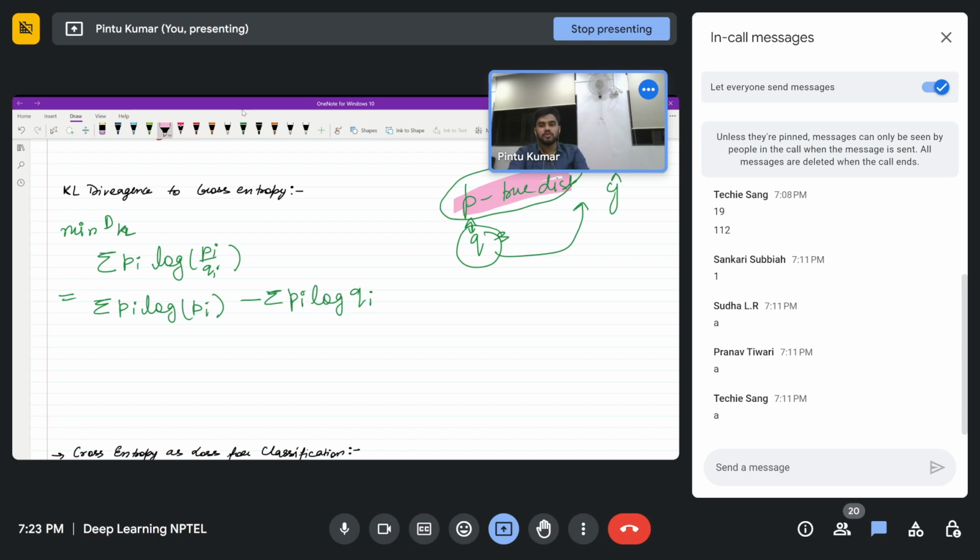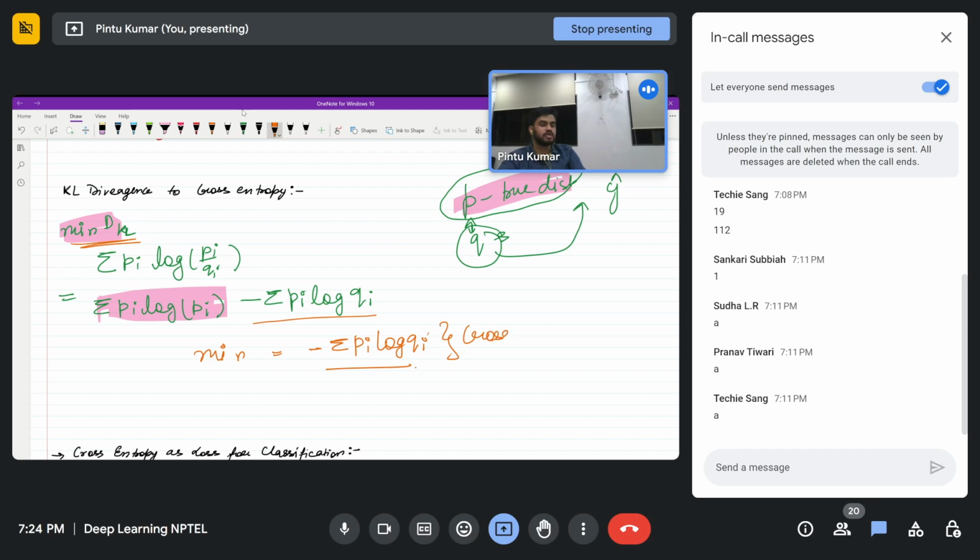If you want to minimize the KL divergence, then the Pi log Pi term will always remain constant, because P is the true distribution and you can't change it. So the only term that you can optimize is this thing. Minimizing the KL divergence is similar to minimizing this term, minus Pi log Qi.